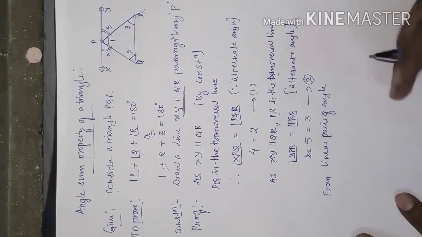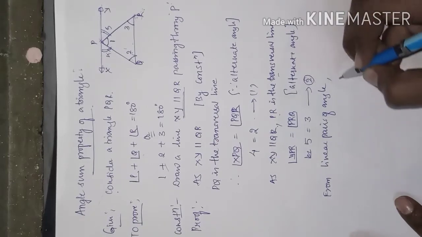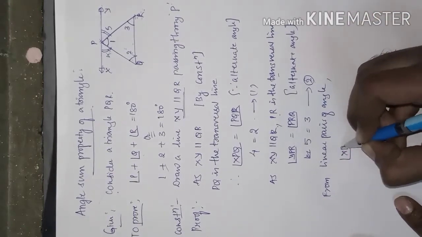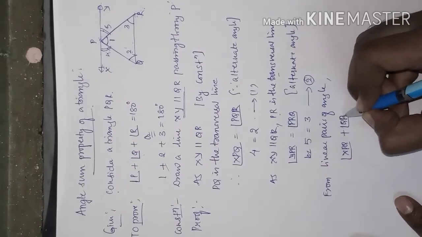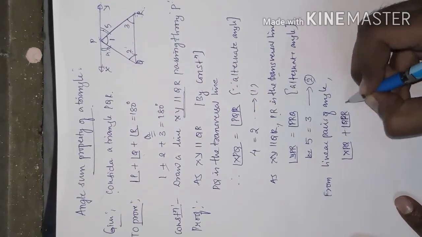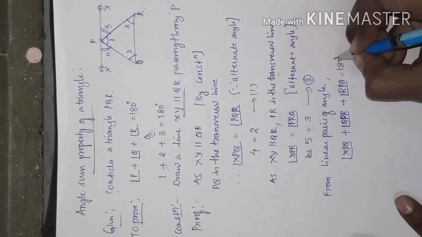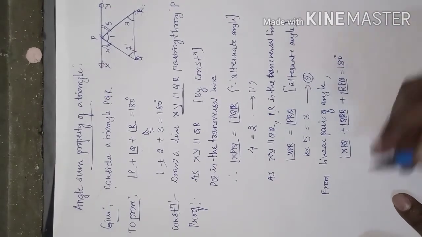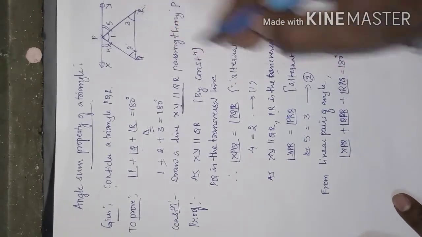So here I can write it as, by linear pair, angle XPQ plus angle QPR plus angle RPY is equal to 180 degrees. Now XPQ is measuring what?